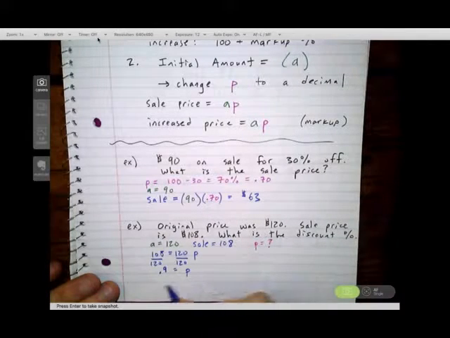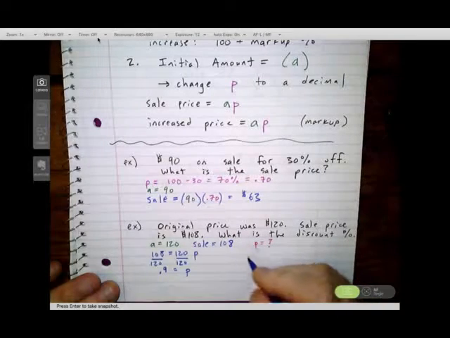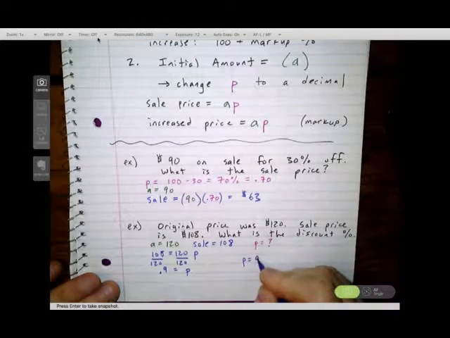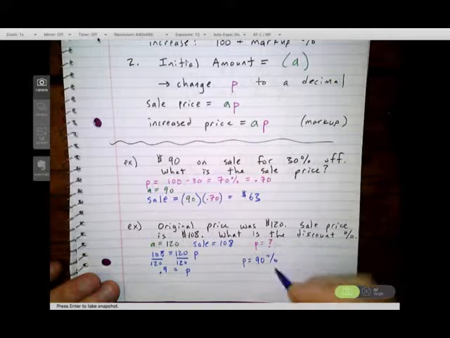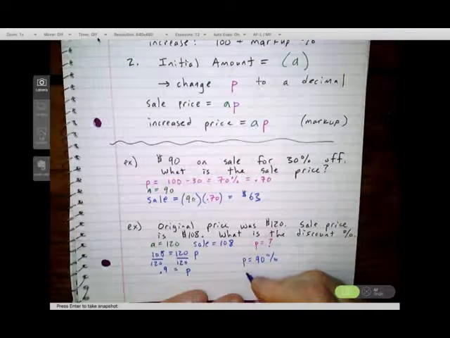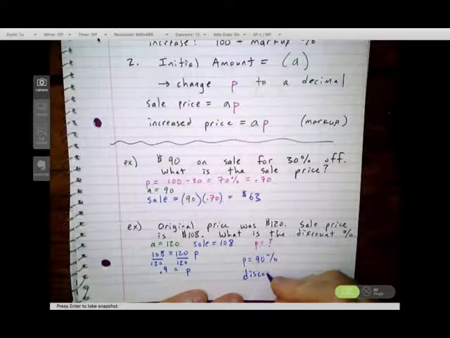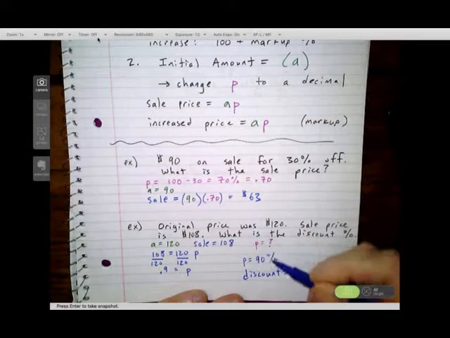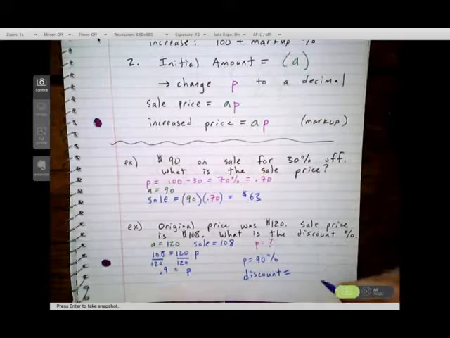That means we're paying 90% of the original price. So P equals 90%, which was 100 minus the discount percent. So that means our discount percent, and we got to think, what would we subtract from 100 to get 90? Well, that's 10.